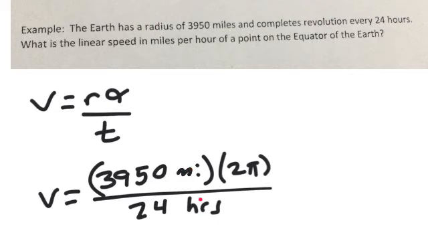So this one's nice. It's already in miles per hour when I set it up that way. So I would go 3,950 times 2 pi divided by 24. And when I do that, I get approximately 1,034.1 miles per hour.